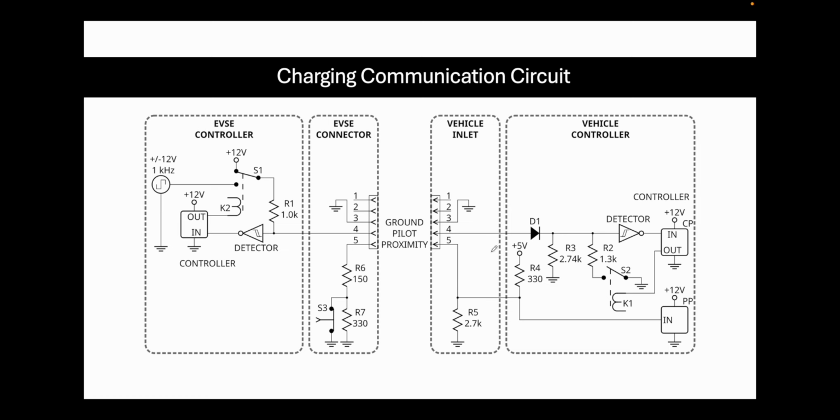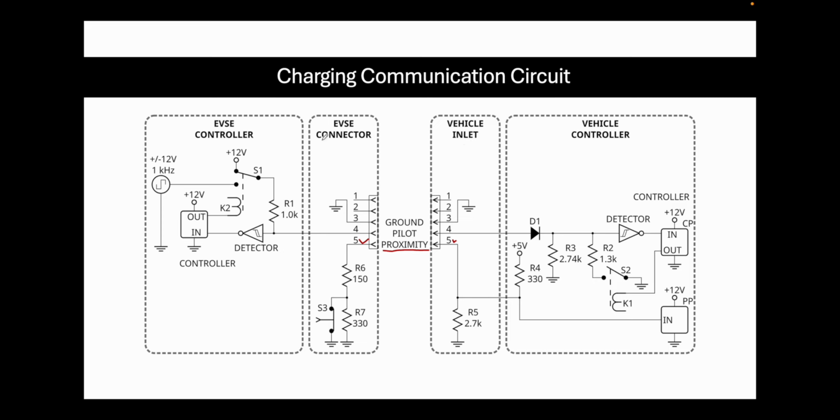So as we already saw the circuit for the proximity pilot, how the proximity pilot works, what is the basic circuit for the proximity pilot. If you see, this is the proximity pilot connection, which is pin 5 to 5. This is the charging port pin, and this is the electric vehicle inlet.